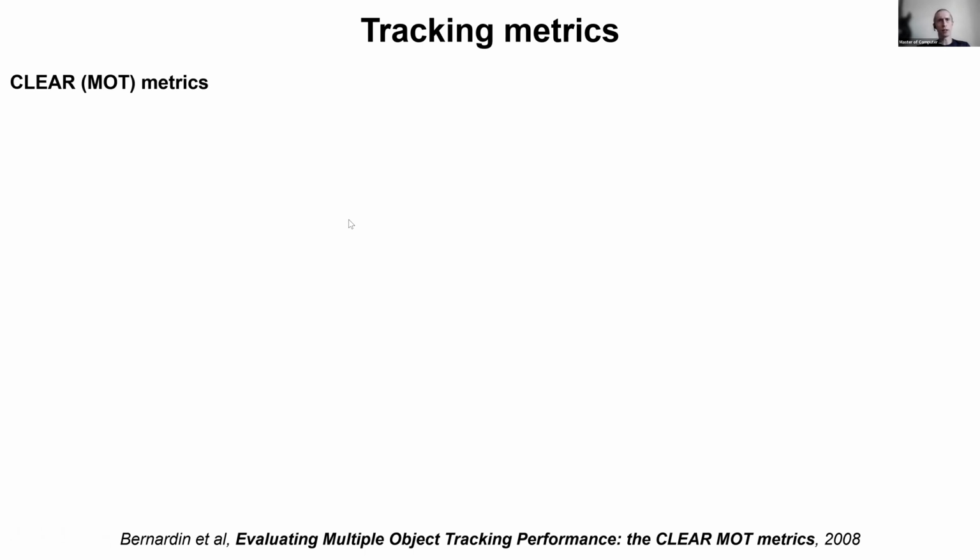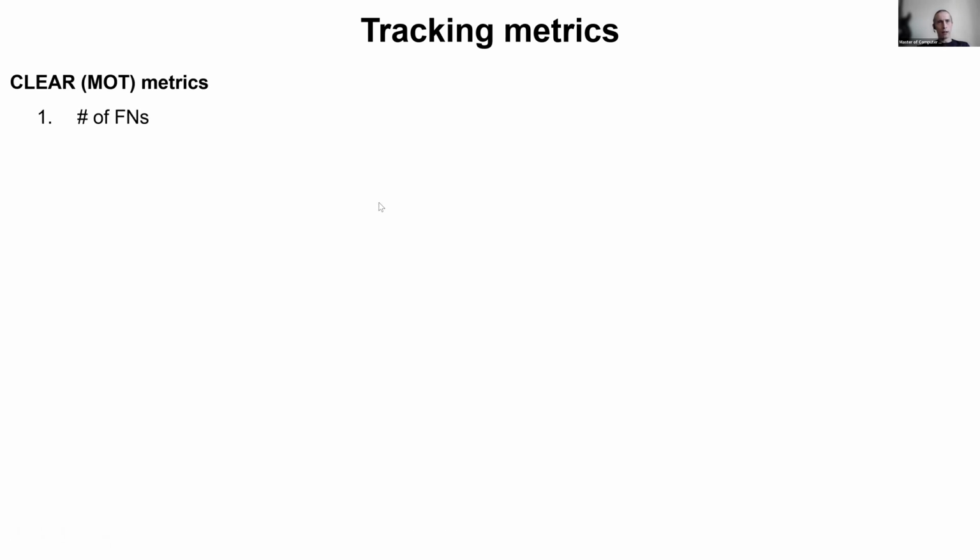Here, everything is around detections, because detections uniquely define our tracks, right? Frame by frame, we assign predicted detections to the ground truth based on the intersection over union. If a ground truth detection was not matched with any of our predictions, then this is obviously a false negative.